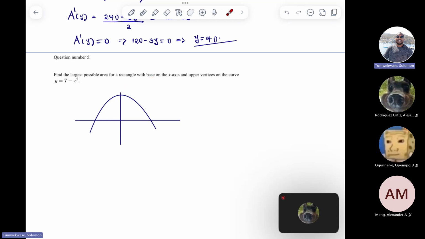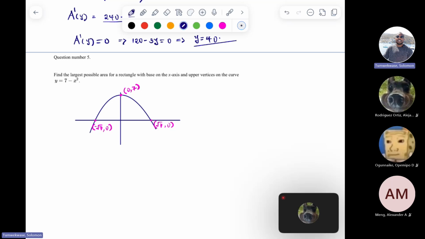If you're very careful, I can actually put those points, not important, but this is 0, 7. And these points here are negative square root of 7, and then positive square root of 7, of course with y equal to 0, something like that.